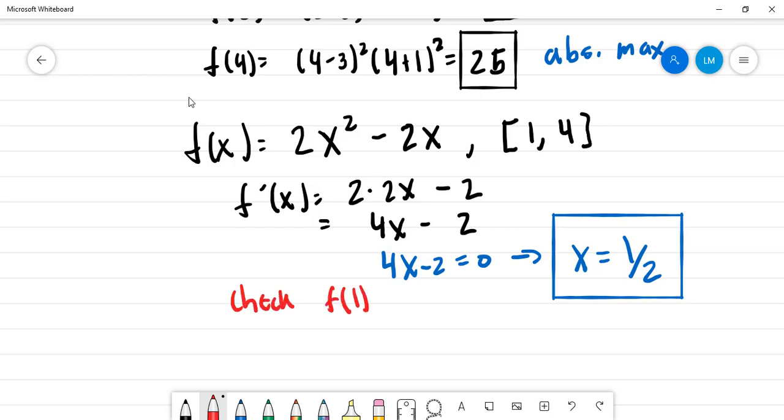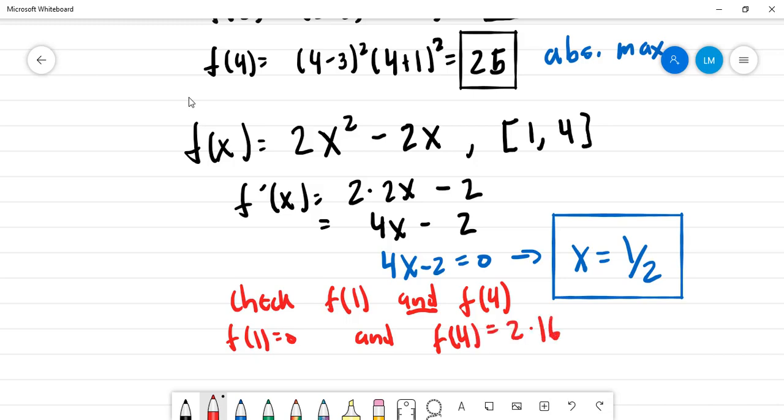So f of 1 and f of 4. Now, of course, if you plug this in, you're going to get that f of 1 is 0, and you find that f of 4, well, that's going to be 2 times 16 minus 8. So that's going to give you 24.